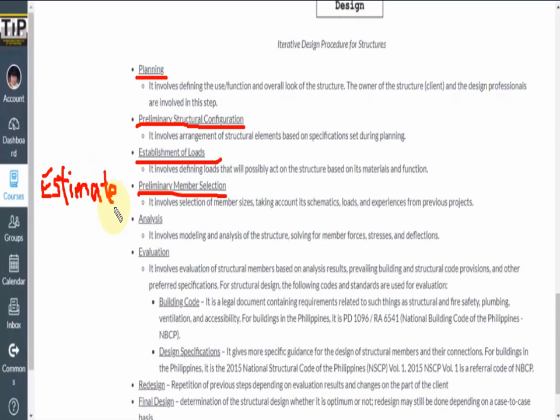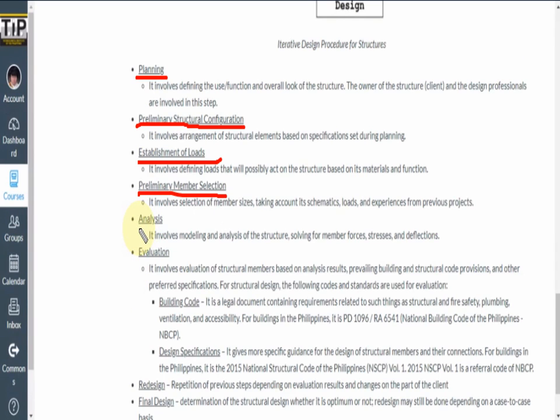Same thing with the beams and the other members. There are some methods that some experienced engineers use in preliminary member selection. I think I will show this in the other session.